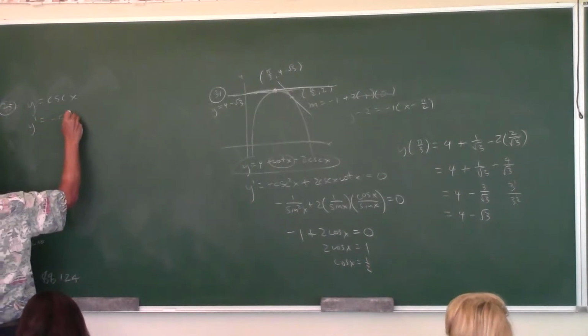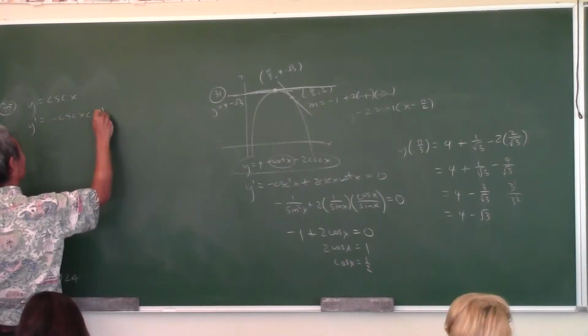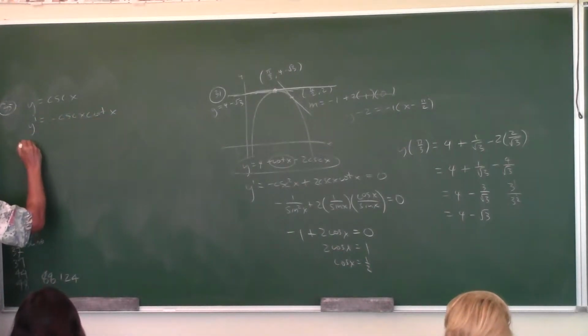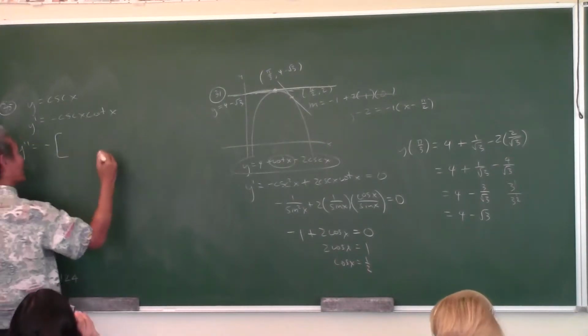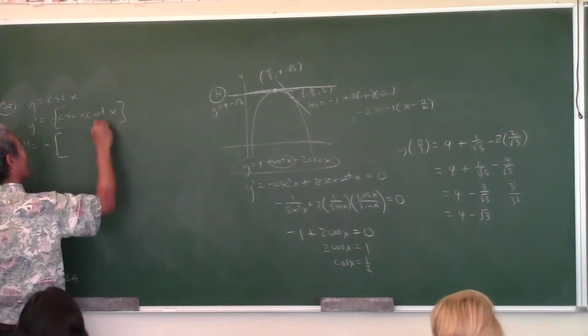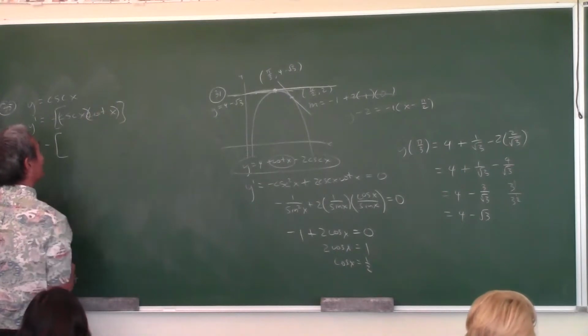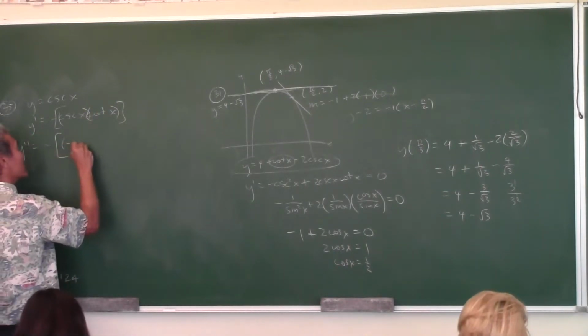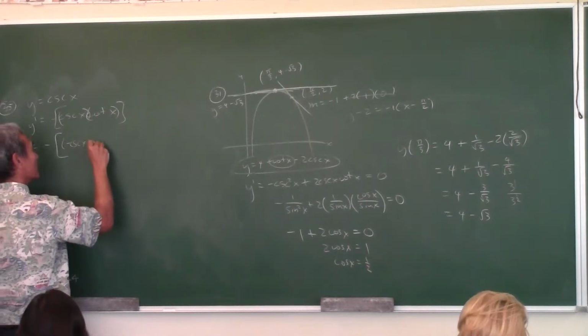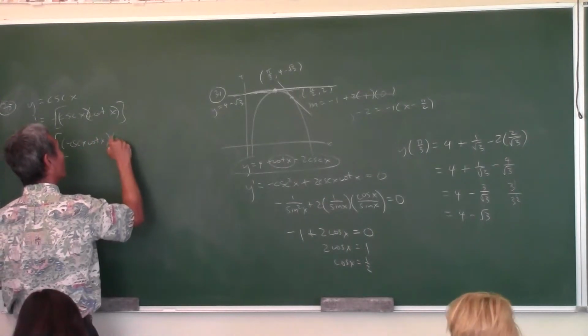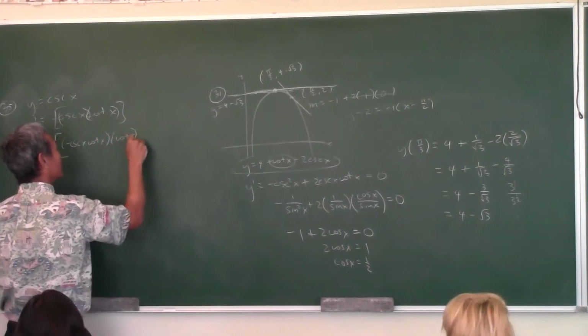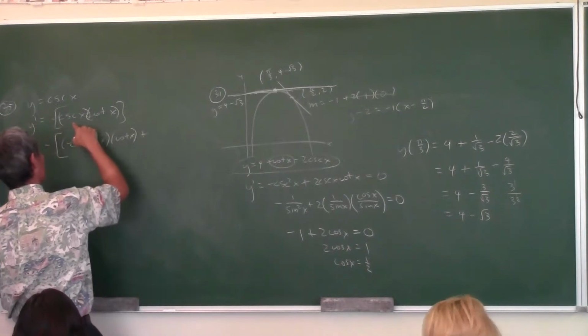Okay, so negative cosecant x cotangent x. So it's now the second derivative. Throw the negative on the side like an unwanted pet. And then we have a product, so we're going to use the product rule. Derivative of the first, which we just did. Leave the second one alone. Plus, leave the first one alone.